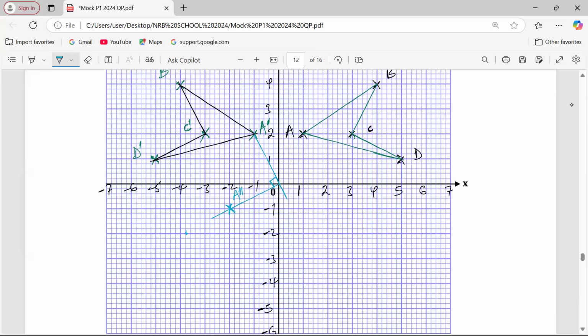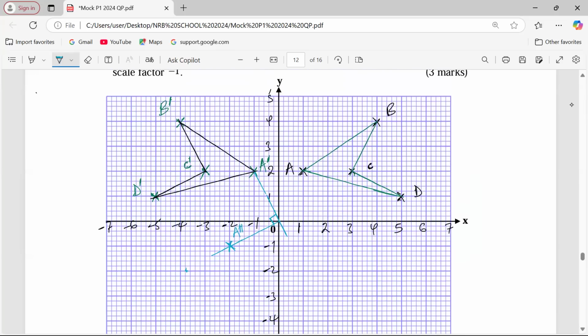Then we do the same for B, for C, and for D. So let me bring B to the origin. Then along that line, I measure 90 degrees, specifically in the anti-clockwise direction.